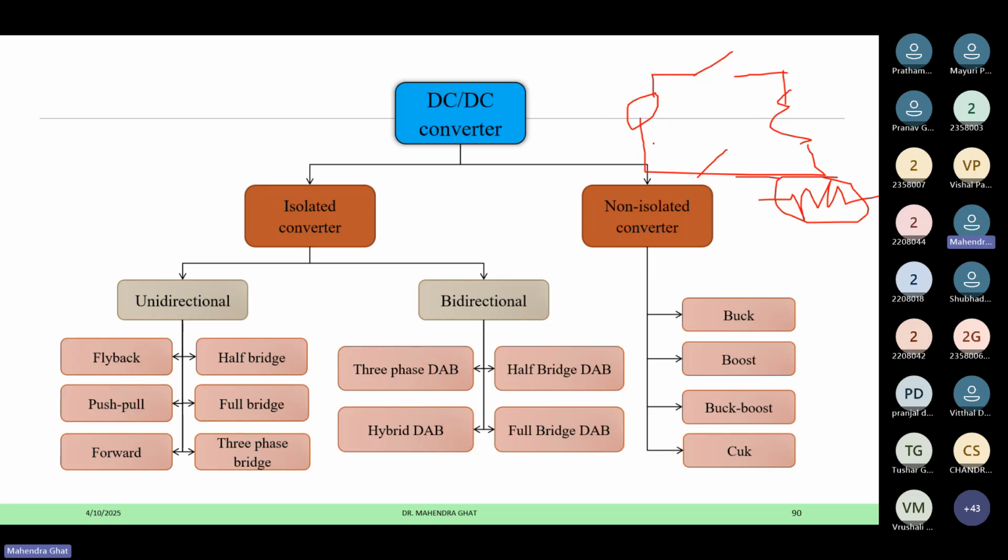If I want to transfer the power from the input to output, I still have to have electrical isolation between the input and output. The way is the use of a transformer. The transformer is a very good innovation in our electrical field, which gives very good isolation from the input to the output. When you supply the voltage at the input side, they are magnetically coupled but electrically isolated.